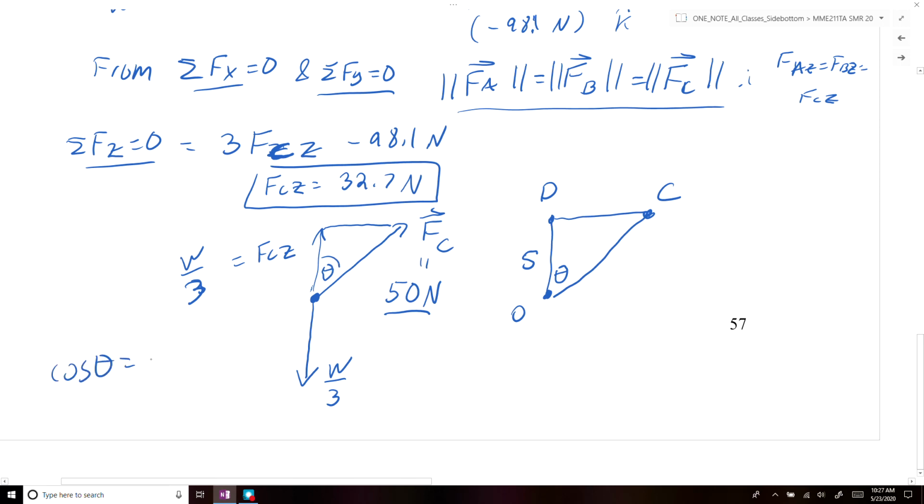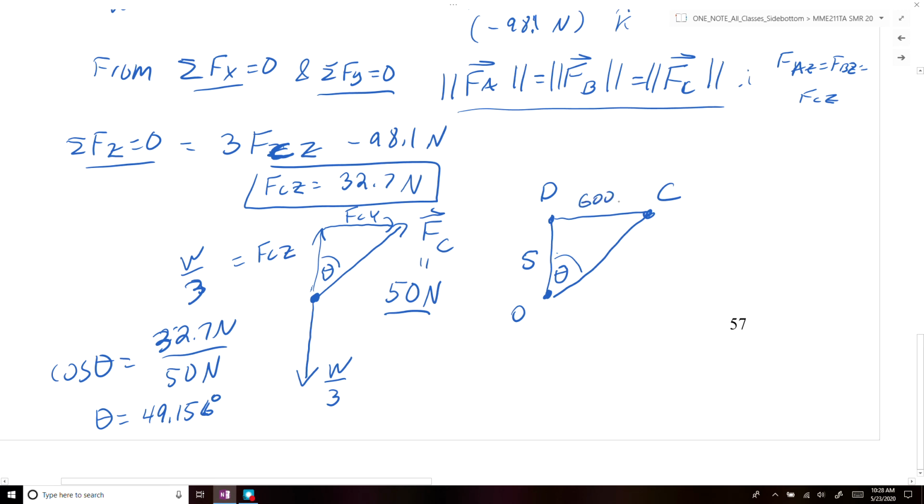Cosine theta of this triangle would be equal to the weight over 3, or 32.7 newtons divided by 50 newtons. All right, so theta would be equal to 49.156 degrees.